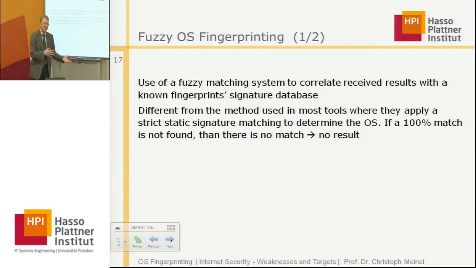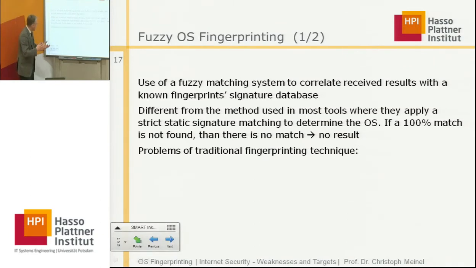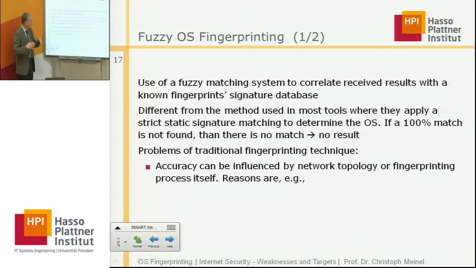In the traditional methods, the answer at the end is either it is exactly this operating system with this version, or I have no answer, although a lot of information was collected. So the idea of fuzzy operating system fingerprinting is that one even provides information about the used operating system in case it's not 100% certain.